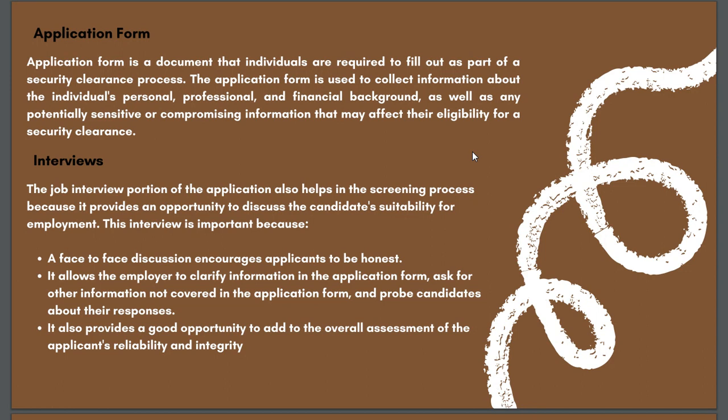So the first is standardization. The application form provides a standardized format for collecting information from job applicants. This helps ensure that each candidate provides the same information, making it easier to compare and evaluate candidates objectively.